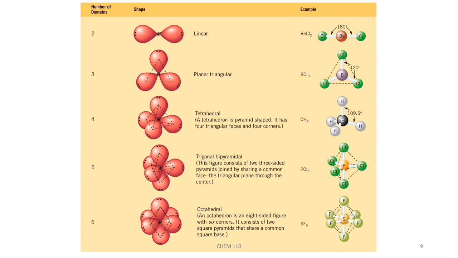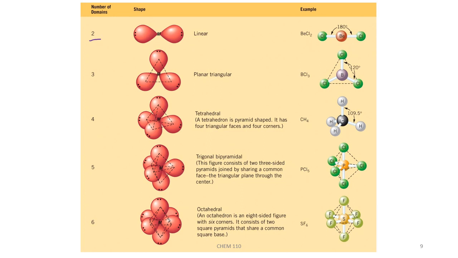The following shows a summary chart of the 5 major geometric shapes. We had 2 domains around our central atom when we had a linear molecule. Domains can either be lone pairs or atoms bonded to the central atom. So far, we haven't looked at any examples where there are lone pairs on the central atom.